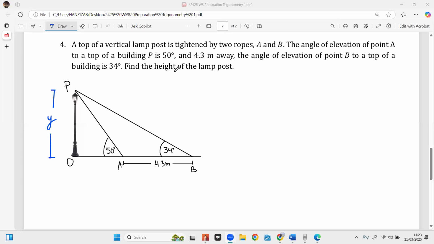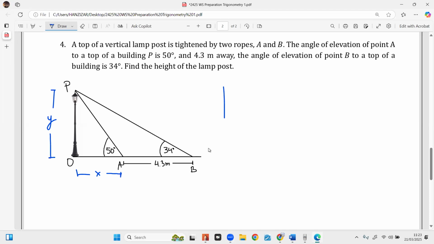Okay. Atop of a vertical lamppost, tightened by 2 ropes A and B, given the angles as shown in the diagram. We are finding the height of the lamppost, which is Y. First things first, you put OA as something that we are finding later, X. And we look at the first triangle, the 50-degree right-angled triangle, triangle 1. We have the opposite and the adjacent, so tan.